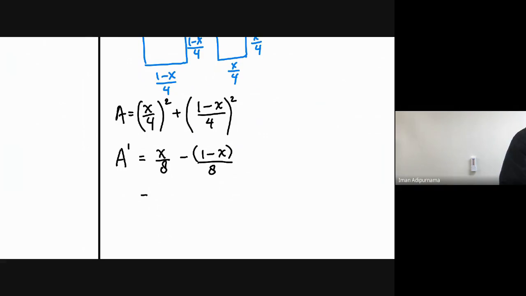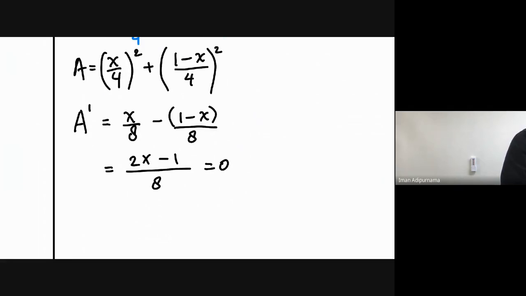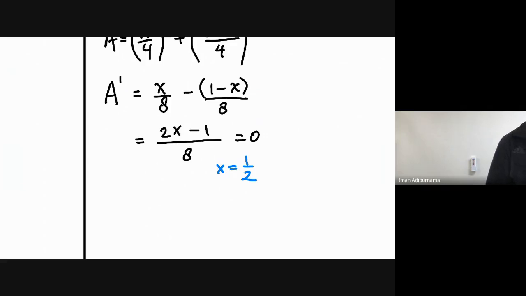Let me rewrite this: 2x minus 1. It seems we have this conclusion. So x will be half. It seems this is our critical point.